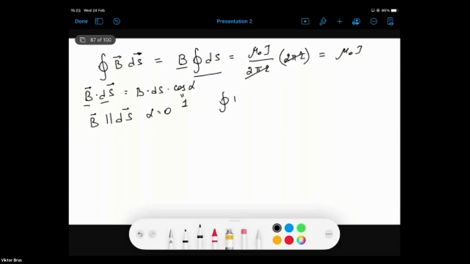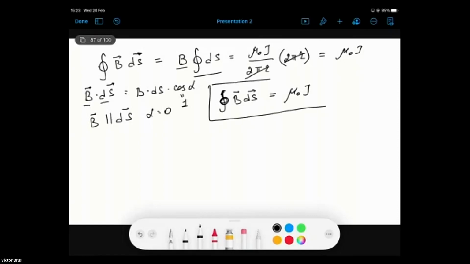So the integral of the scalar product of the magnetic field vector and ds vector, this integral along a closed loop, is equal to the product of mu naught and electric current I, which in this case is the steady-state total current passing through any surface bounded by the closed path, like this loop which we consider in the integral.